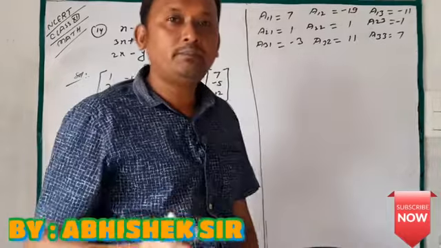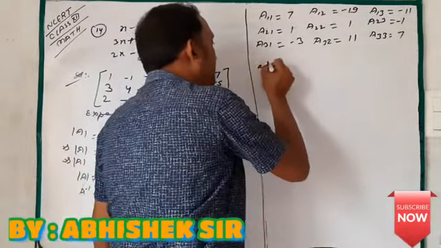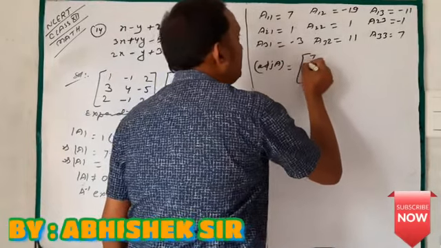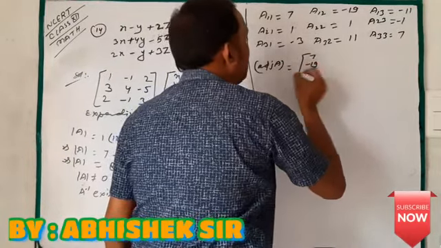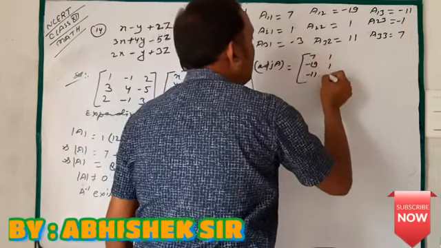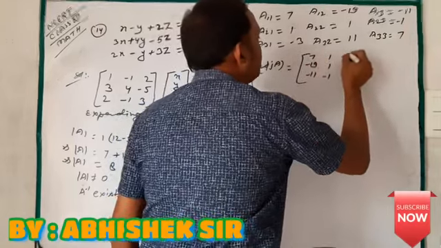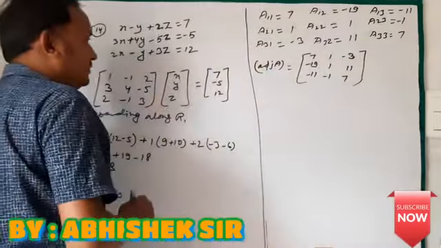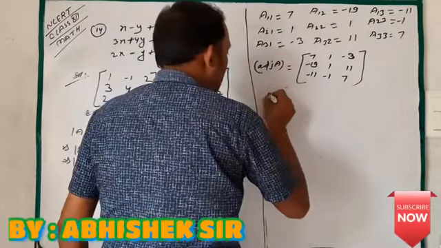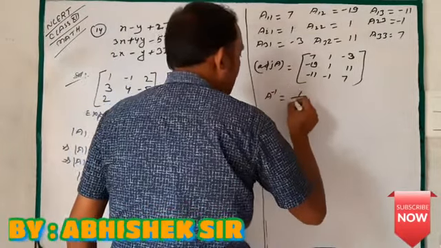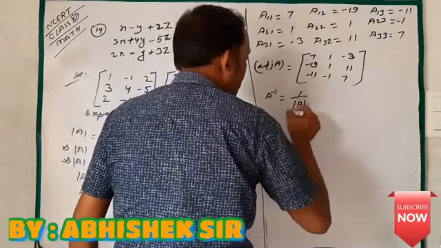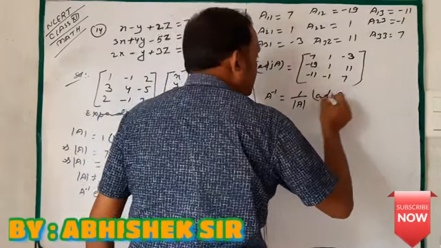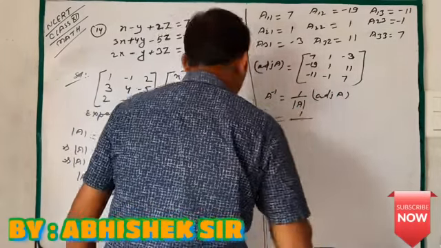Now adjoint of matrix A. This is 7, minus 19, minus 11, 1, 1, minus 1, minus 3, 11, 7. Now we know A inverse is equal to what? 1 upon determinant of A multiplied by adjoint of matrix A. What is our determinant of A?